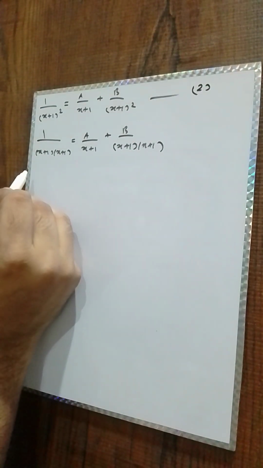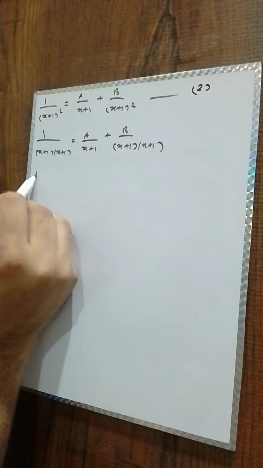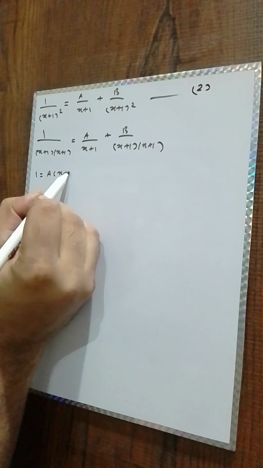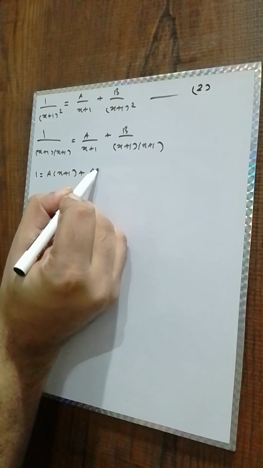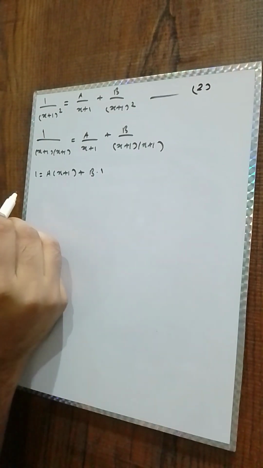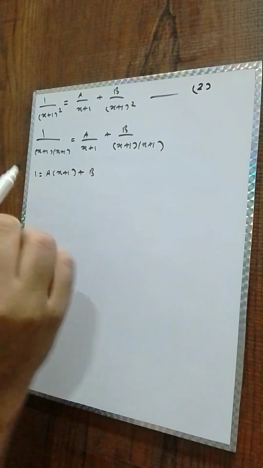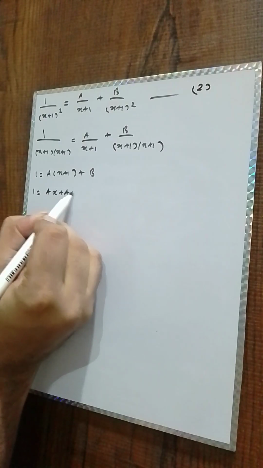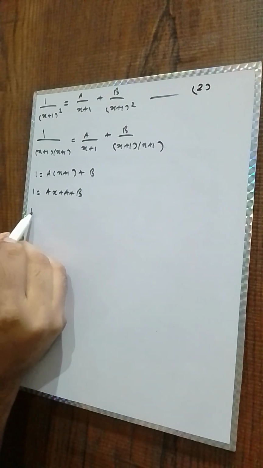We open up and then cross multiply, so the situation becomes 1 is equal to a into x plus 1 plus b into 1, which is b. Okay, so the situation is ax plus a plus b.